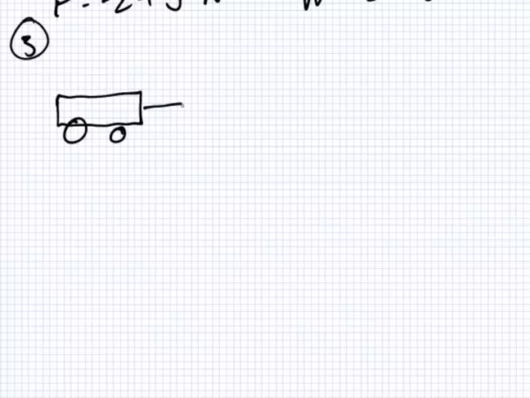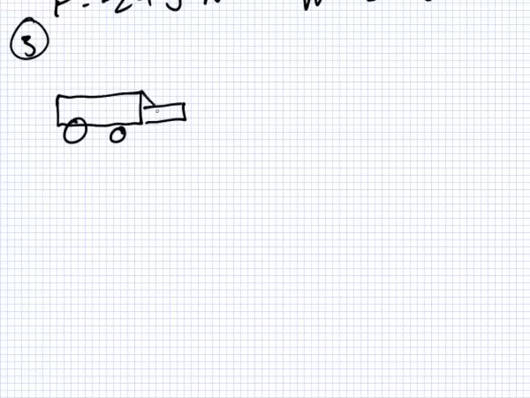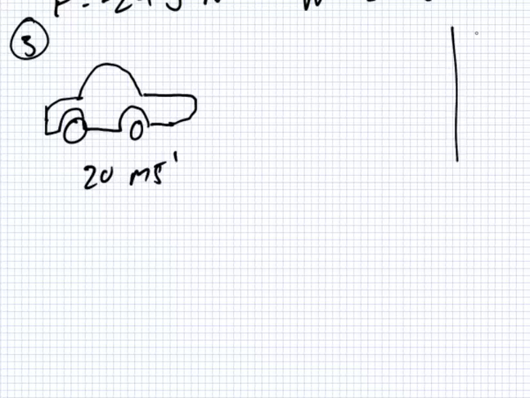and there's my car. That's the front of the car. Oh no, I can draw that better. So this is going at 20 meters per second, and then what happens? It hits the wall, and then the front of the car becomes crumpled.